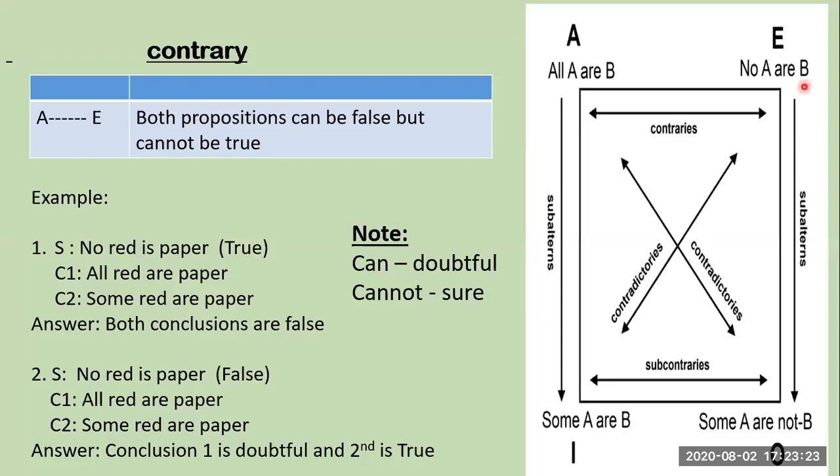So if the first statement is true, both statements can be false, but both cannot be true. So if one is true, the second should be false, because they're telling that both cannot be true. So statement one and conclusion one cannot both be true, because the rule is telling that both cannot be true. So if one is true, the other should be false here. Clear?